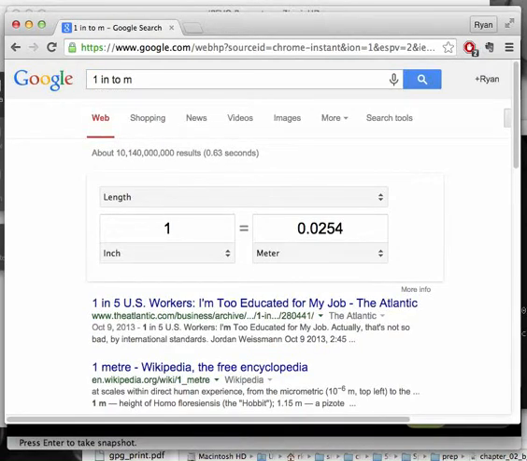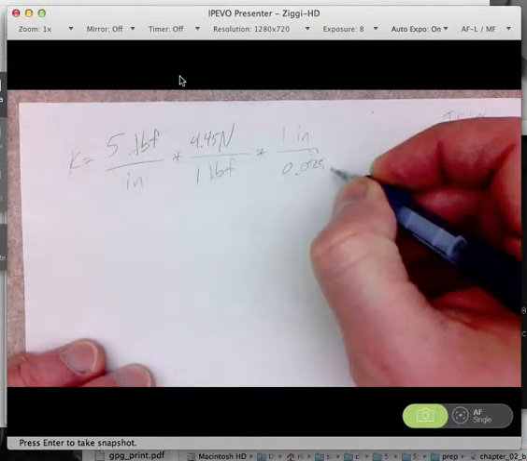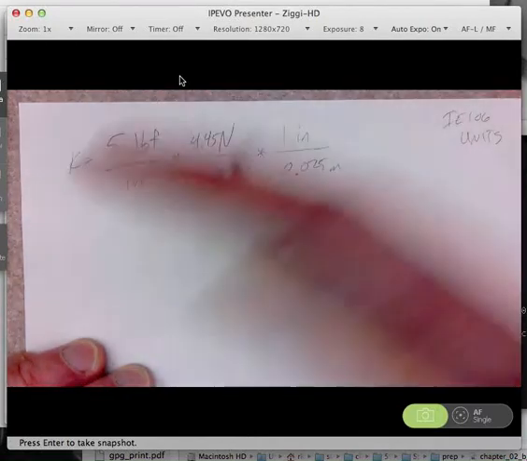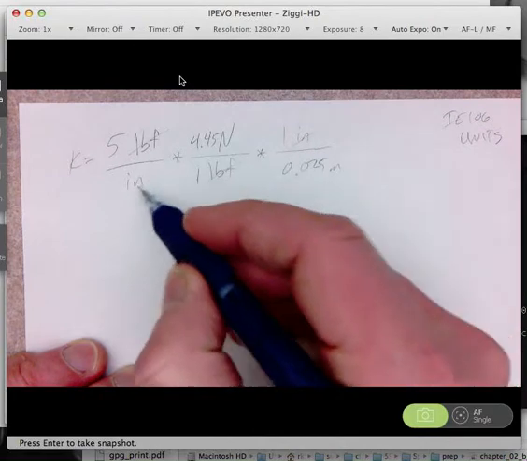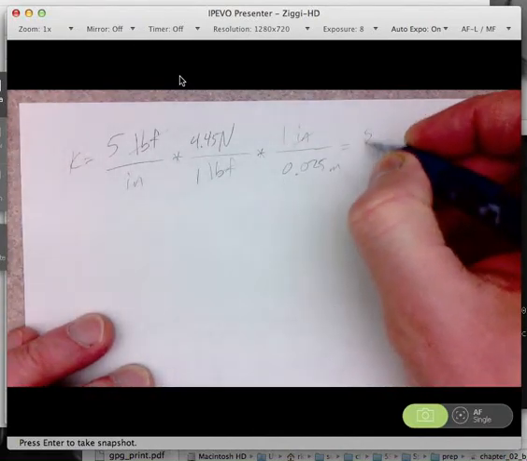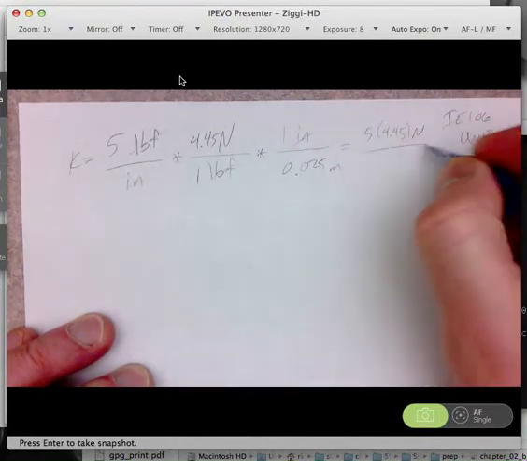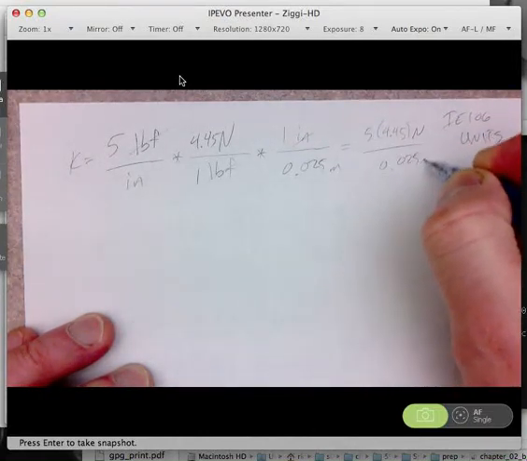I'm still going to go to Google for the time being, and apparently this is 0.0254 meters. And again, the inches in the numerator over here cancels with the inches in the denominator over here, and so the final answer is going to be 5 times 4.45 newtons divided by 0.0254 meters.